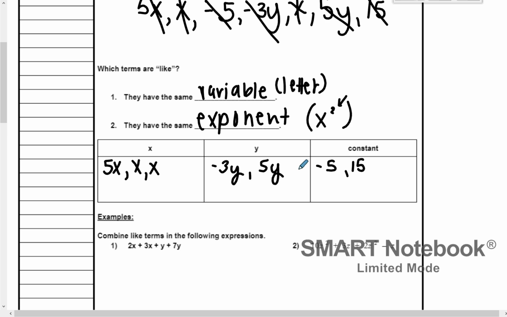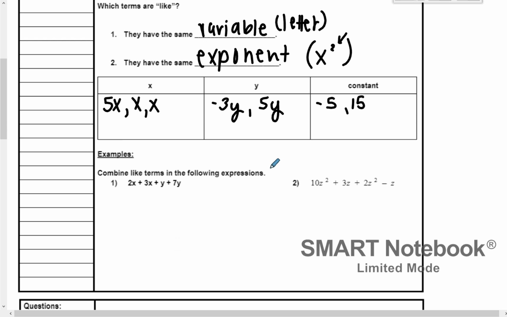Okay, down below in the next two examples, if you felt confident from the lesson we had on combining like terms, I want you to pause the video and try these on your own because we did go over these types of examples. But if you're still not understanding, absolutely follow along. But if you are, pause the video and then just check. So here we have a 2x plus a 3x.